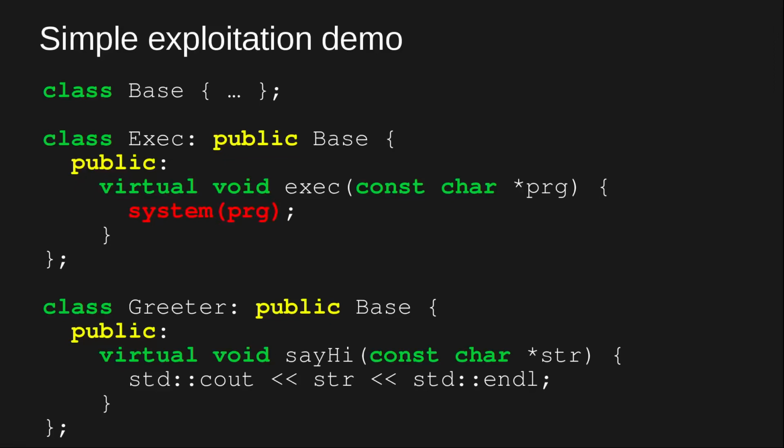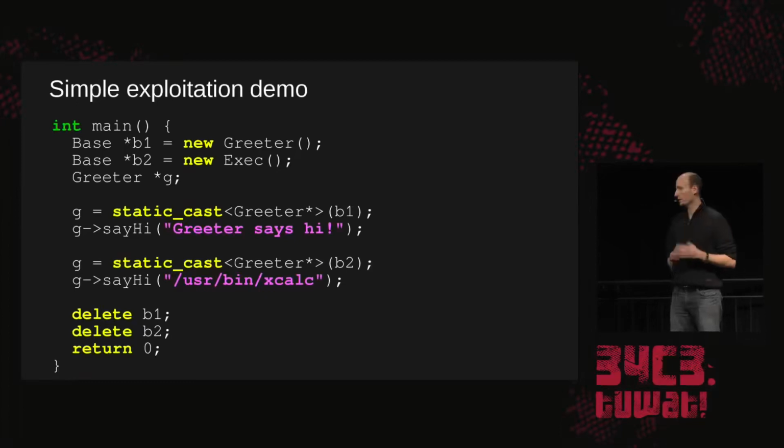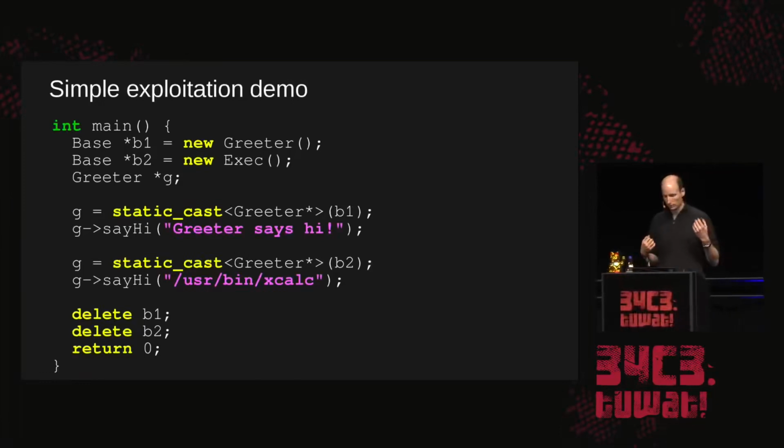Now, if we allocate two base objects, B1 and B2, the first one of type greeter and the second object of type exec, we can actually dispatch on those objects.